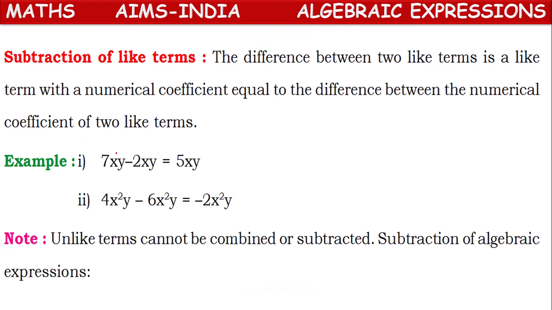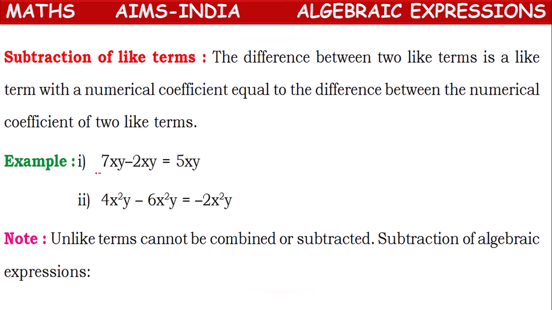If we have two terms like 7xy and 2xy, these two are like terms. Their difference is also a like term, when compared to the other two, and whose numerical coefficient will be the difference of the numerical coefficients of the like terms.